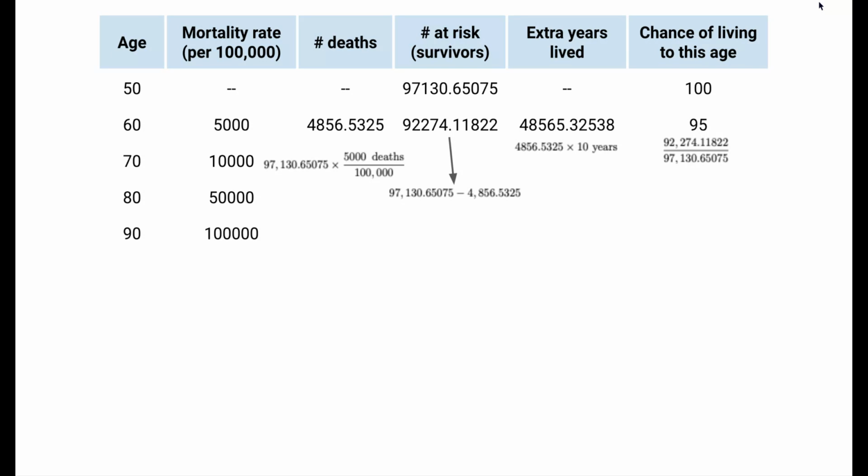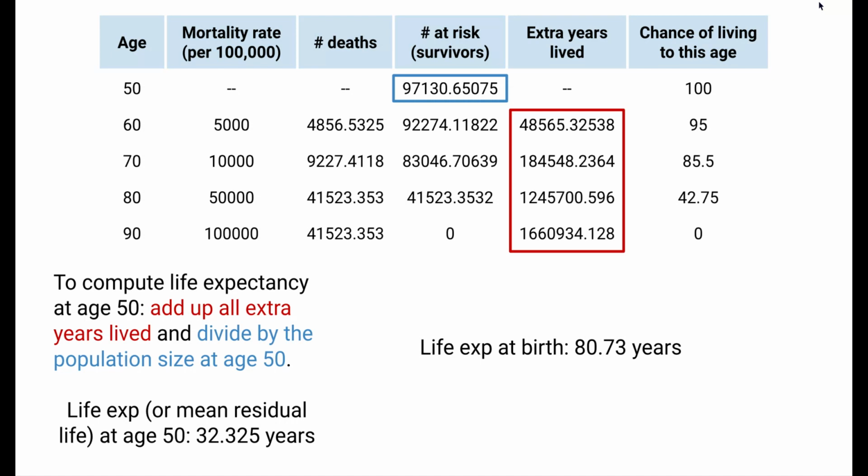The chance of living to this age is the surviving population out of the initial population of 50-year-olds. And we can fill in the rest of the table in the same way. Once the table is complete, we compute life expectancy at age 50, also called mean residual life at age 50, in an analogous way as life expectancy at birth.